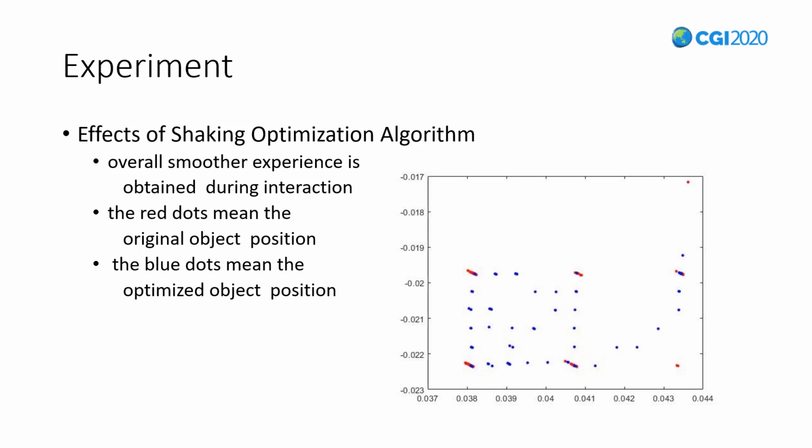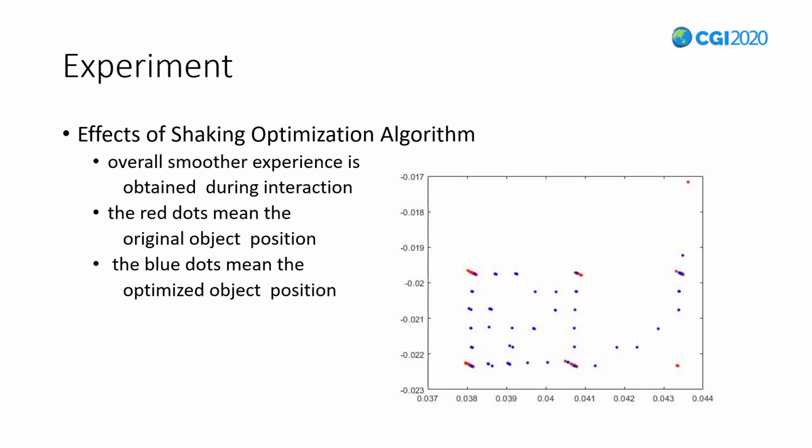In our experiment, we focus on the accuracy of gestural recognition and smoothness of operation. After applying the shaking optimization algorithm for gestural recognition, an overall smoother experience is obtained during interaction.